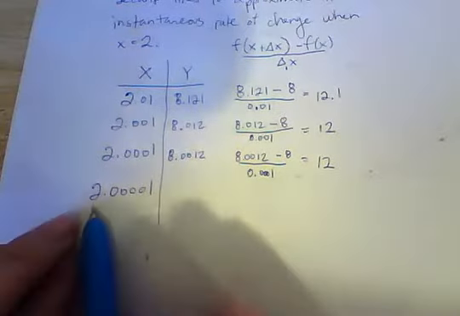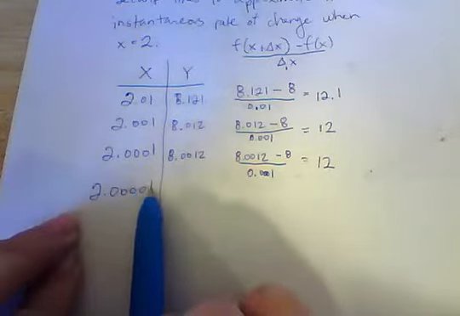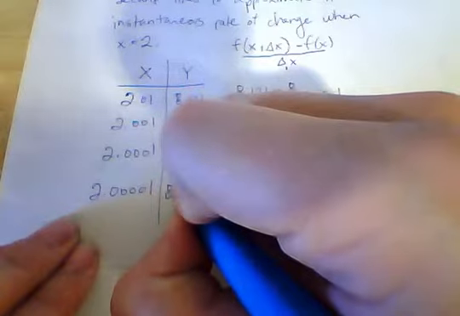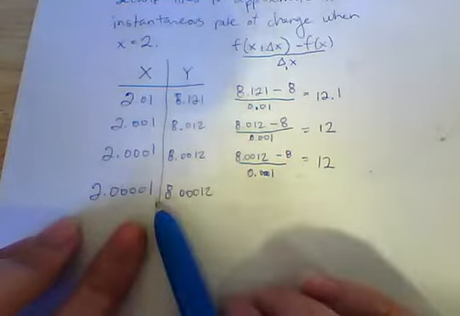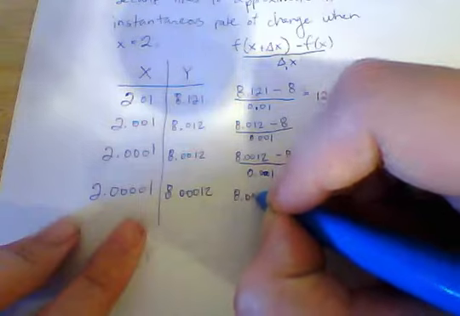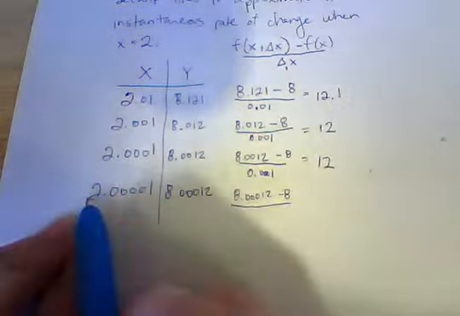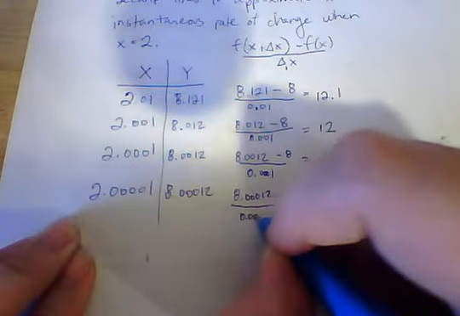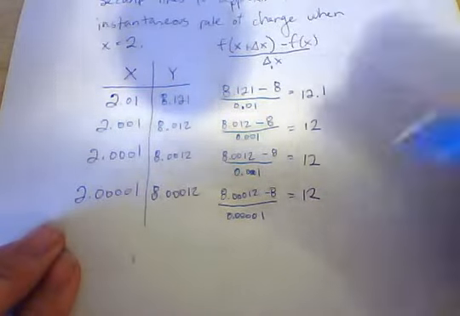Interesting. Okay. And the last one we're going to plug in, 2.00001. If we cube that number, then we get the value 8.00012. And same thing, we're going to plug this into our rate of change formula, 8.00012 minus 8, all over our change in x, which is now 0.00001. And we get, again, 12.